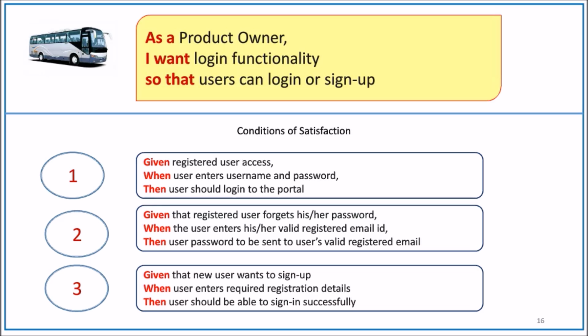Once you enter all the necessary details, you should be able to sign up to the portal. So these are the three conditions of satisfaction to meet the item that I have described here.